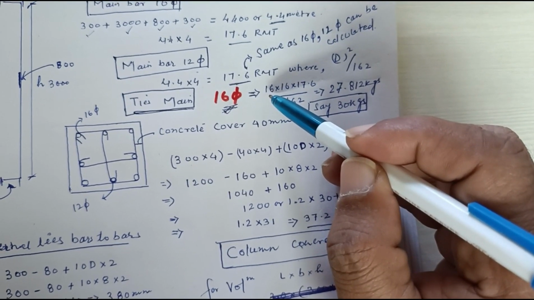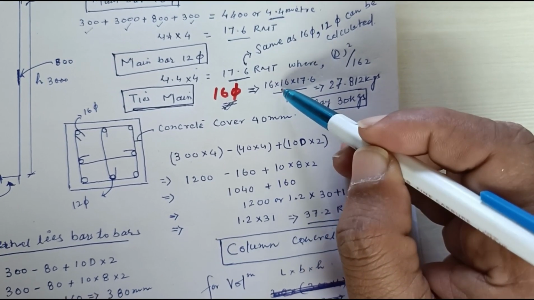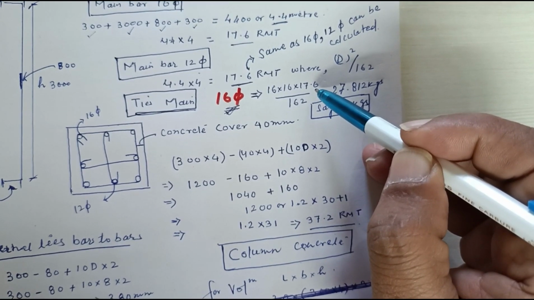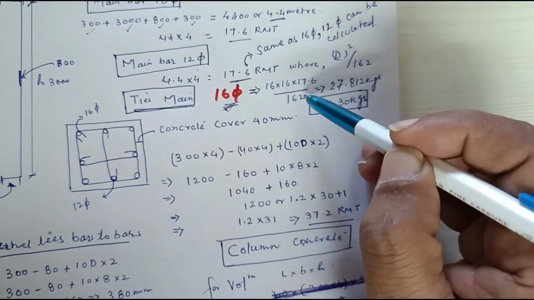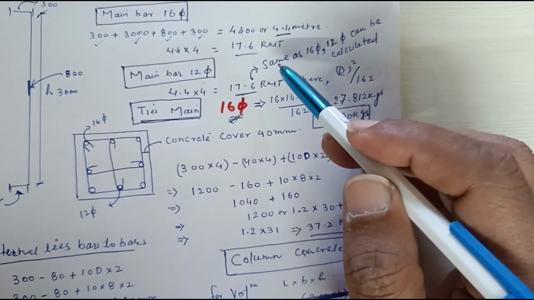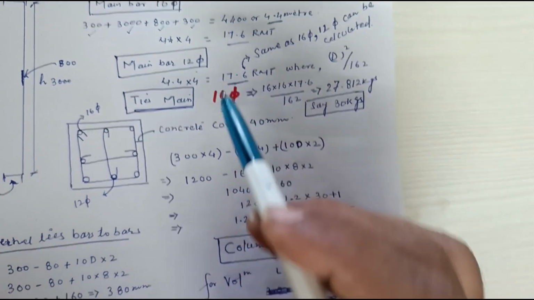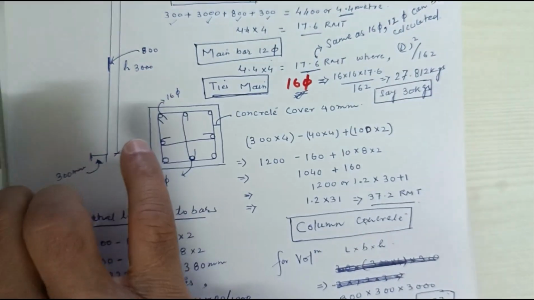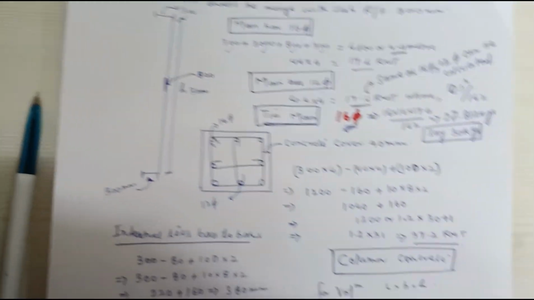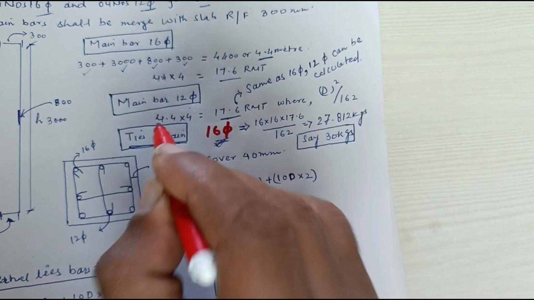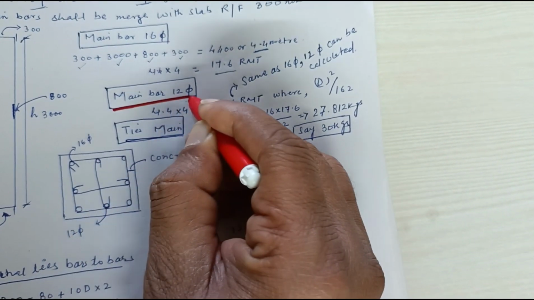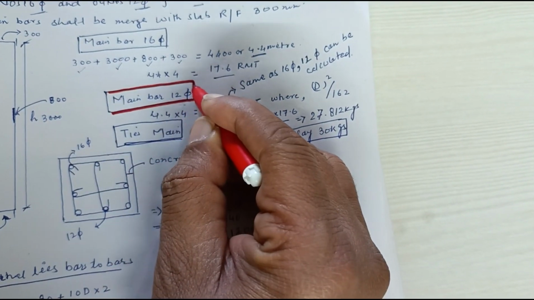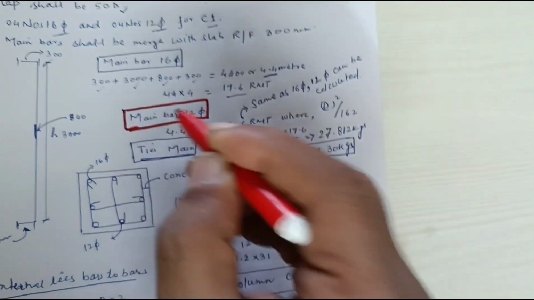Only in place of 16 into 16, it should be 12 into 12, and the running meter will be 17.6, same, divided by 162, you will get the weight of this 12 mm dia bar also. Okay, this is done.